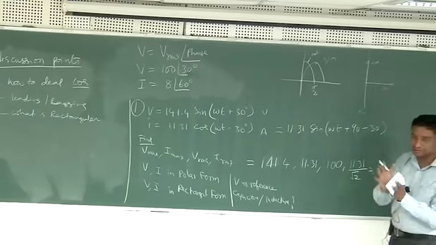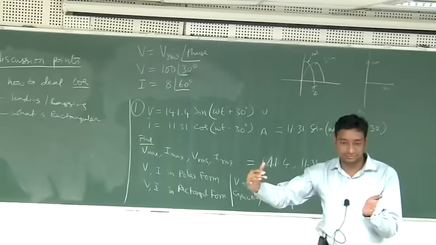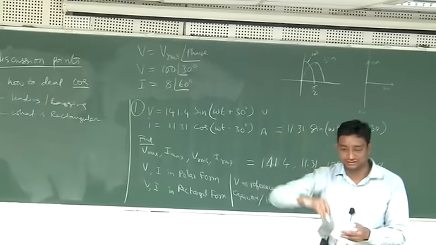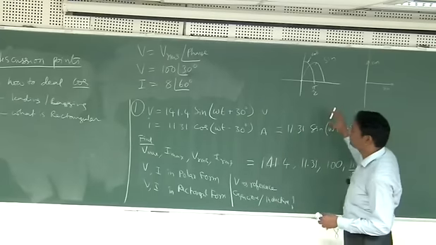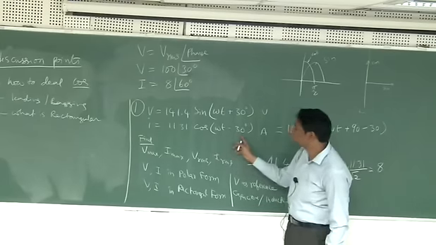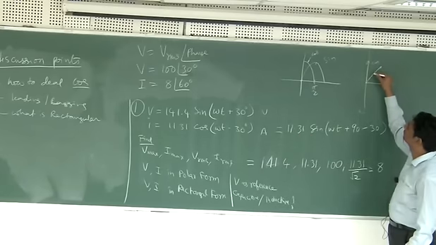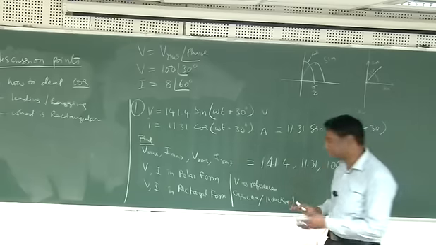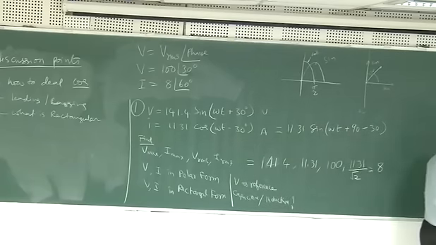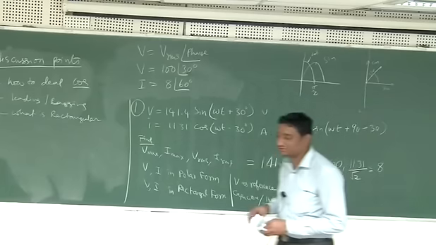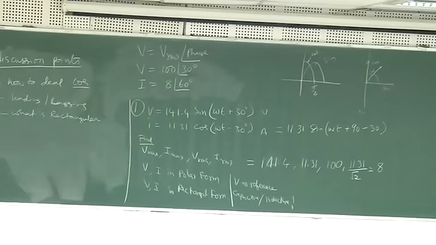So at t equal to 0, if it is sine, you make it horizontal; if it is cos, you start with vertical. Here we have cos minus 30. Cos is vertical, so minus 30 from that comes back, and this will be 60. If you follow this, fine. Otherwise you can use the other method. We don't want to go much into discussion about that.